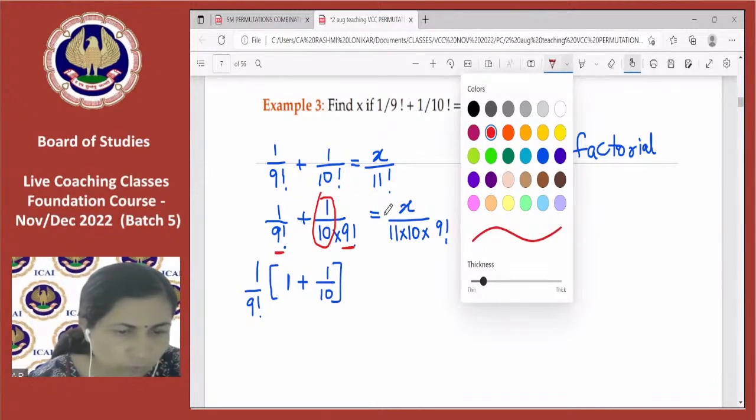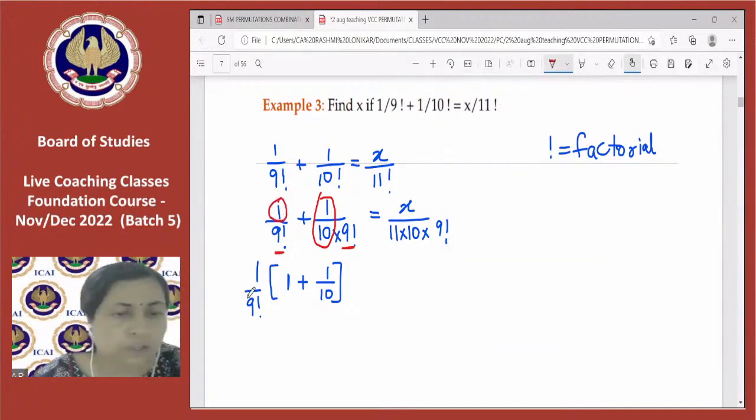When I have taken out 9 factorial, what remains is only 1. So 1 upon 9 factorial, 1 plus 1 upon 10.